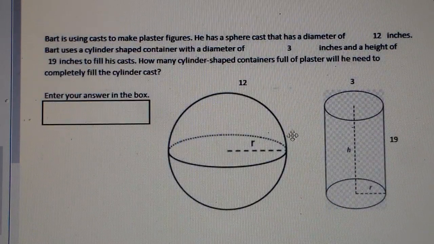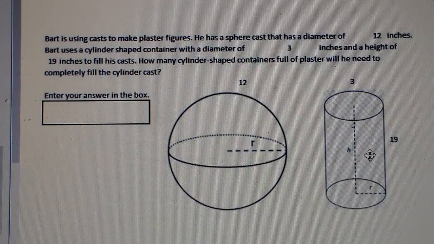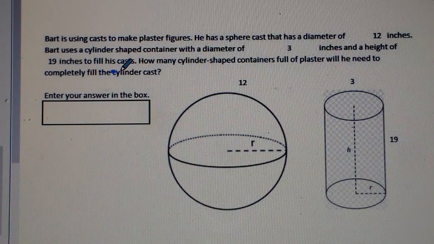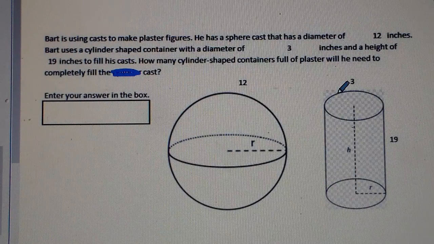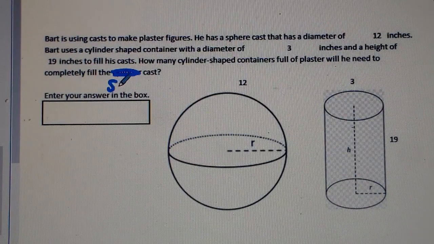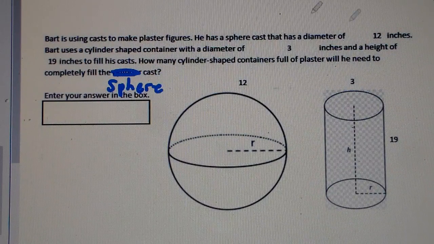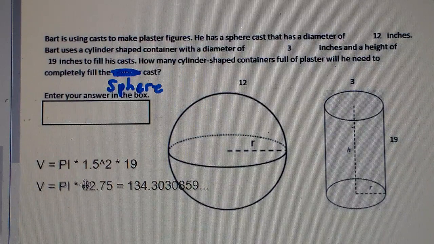This one, same story. We have the volume of a cylinder and the volume of a sphere. We want to know how many cylinder-shaped containers full of plaster we'll need to completely fill the spherical cast. We want to know how many of these cylinders go into the sphere. So this is the volume of the sphere.